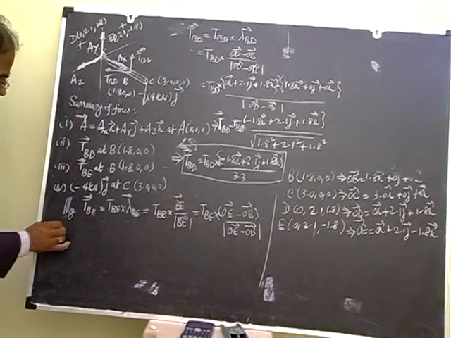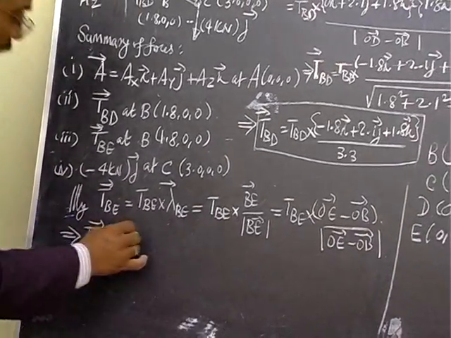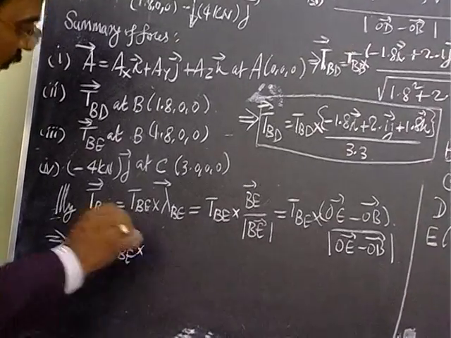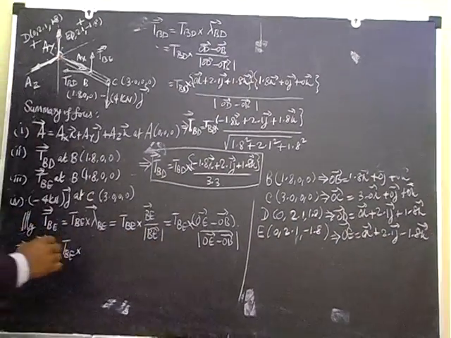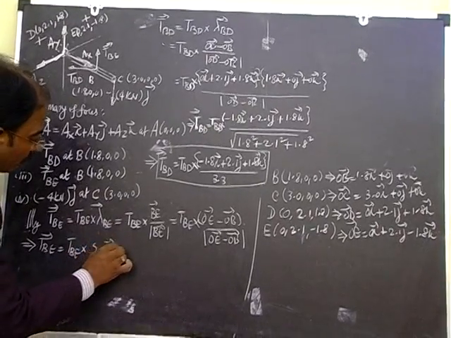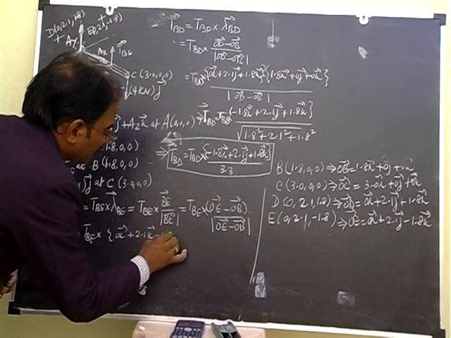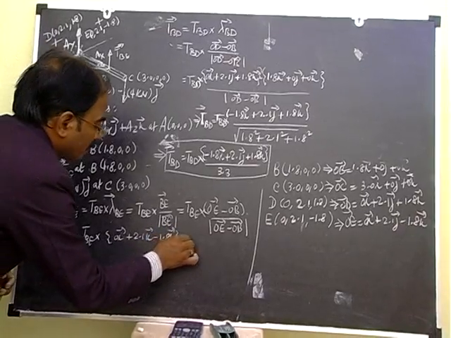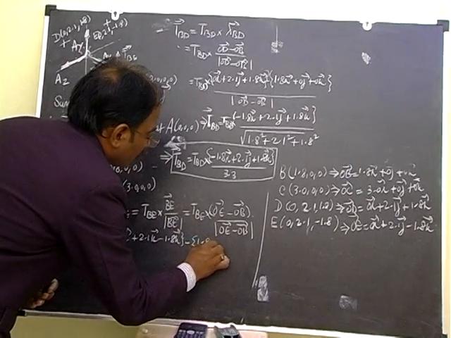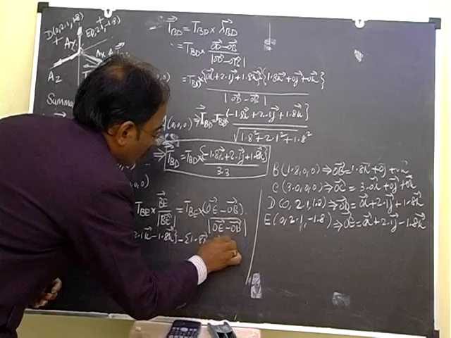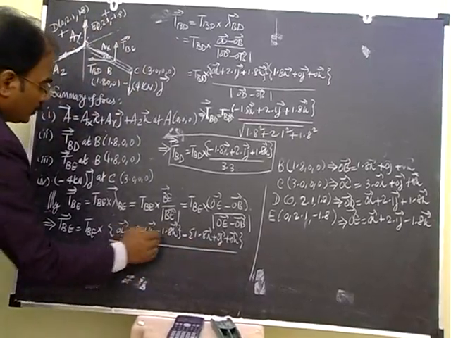So this implies tension BE vector is equal to the value of tension BE multiplied by OE vector, which is 0i plus 2.1j minus 1.8k, the whole thing minus OB vector, which is 1.8i plus 0j plus 0k, the whole thing divided by the magnitude of this value.